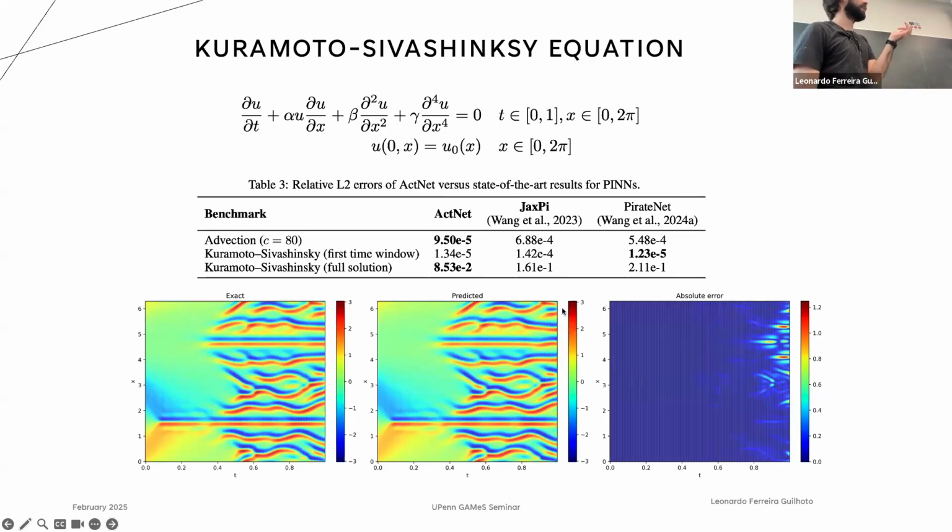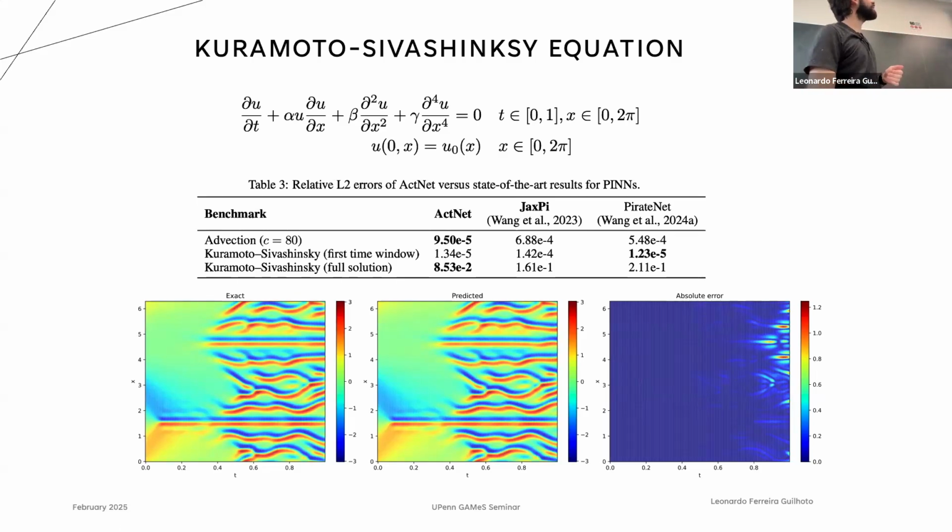And this actually we saw a large improvement where PirateNets, which is a state-of-the-art method, gets around 21% relative L2 error. JAX-PI gets about 16%. We managed to drive that down to 8, so about half, which is pretty good. And this is a really hard problem to solve because you actually have to solve each window independently at a time.